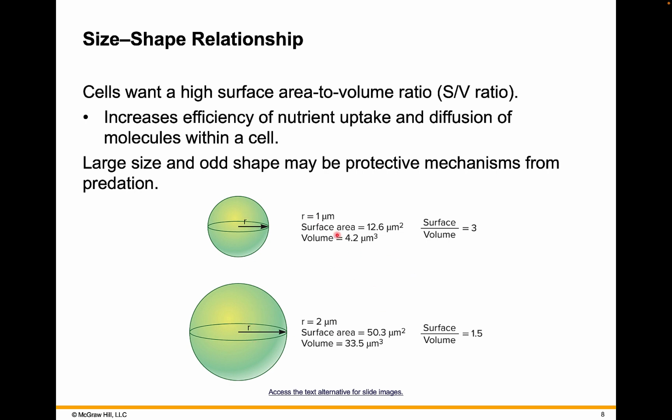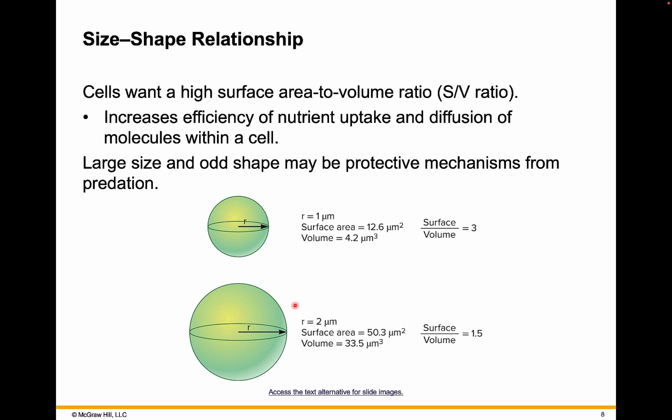Here you can see a small size, and if this is a coccus, the radius of this sphere is about 1 micrometer. The surface area is 12.6 micrometers squared. Volume is 4.2. So the surface to volume ratio is 3. On the other hand, if it is large, the surface to volume ratio falls to 1.5.